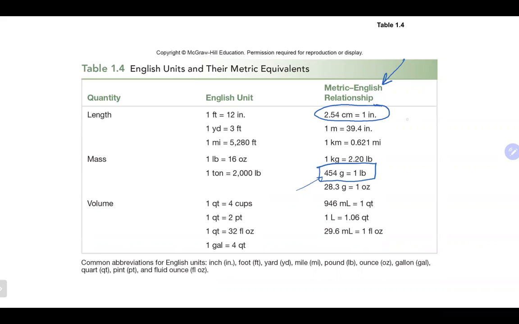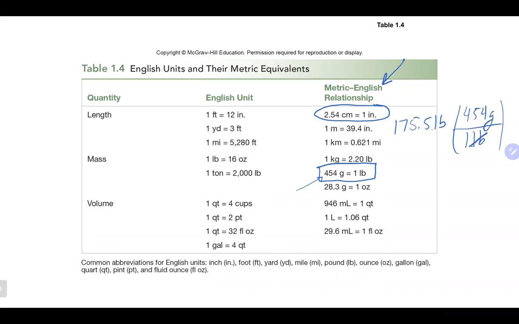So, you know, if we were to do 175.5 pounds, and we want to know how many grams that would be. We would do 1 pound on the bottom and 454 grams up on top.